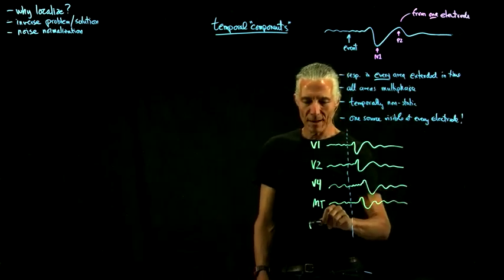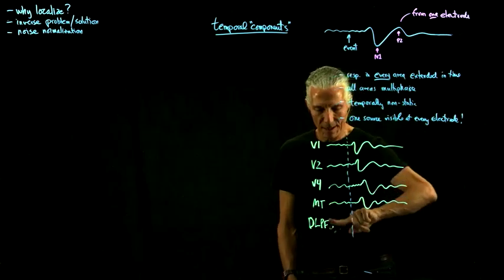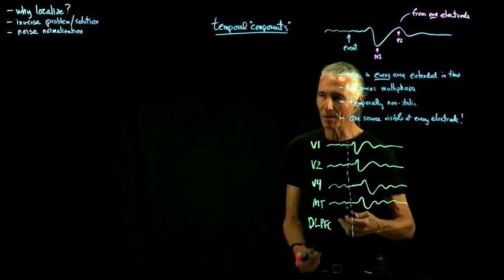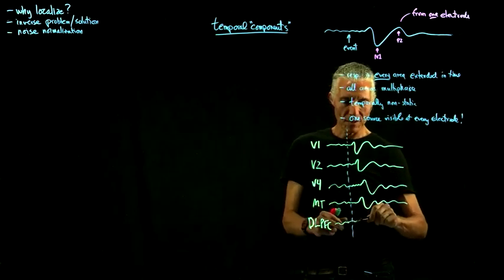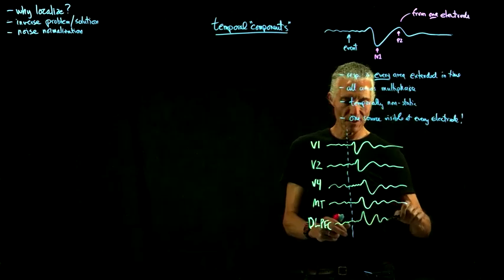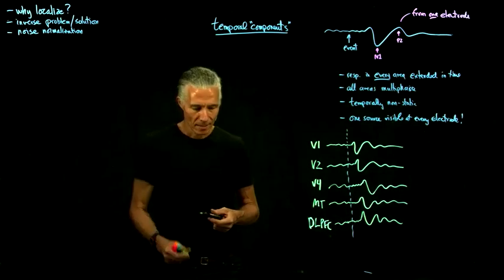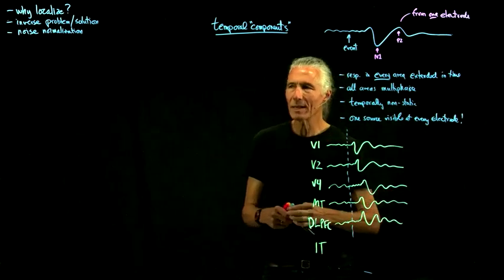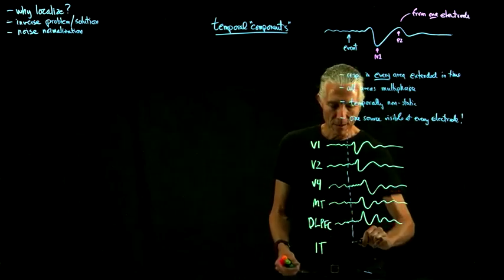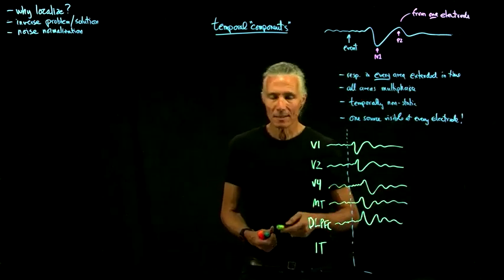If we go to dorsolateral prefrontal cortex, that's an area that receives from MT. It's a higher level of processing, but it's actually going to be faster, because it receives from MT, than V4, which is an earlier processing stage. And if you go to inferotemporal cortex, I have some readings that you can see of what it looks like to record evoked potentials from all these different processing stages in the cortex.